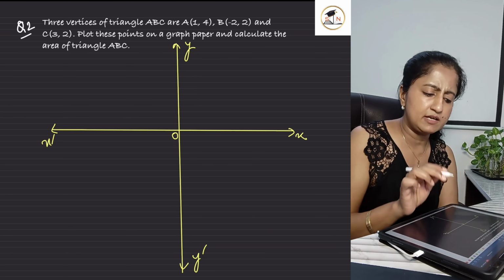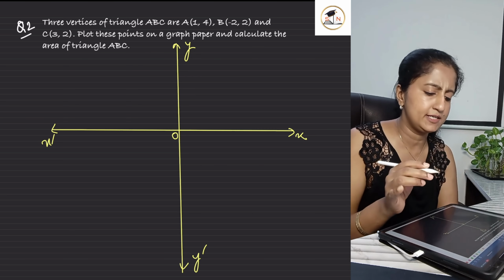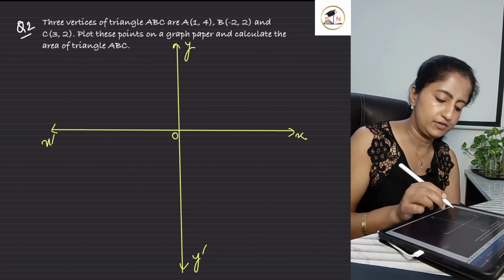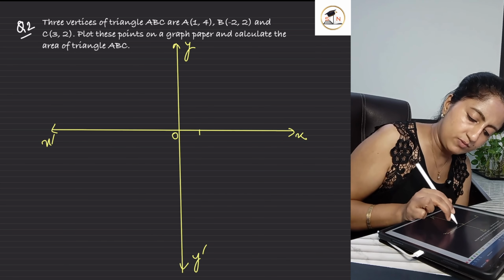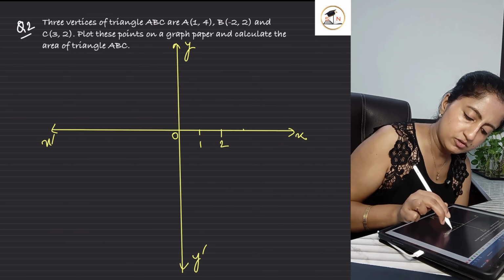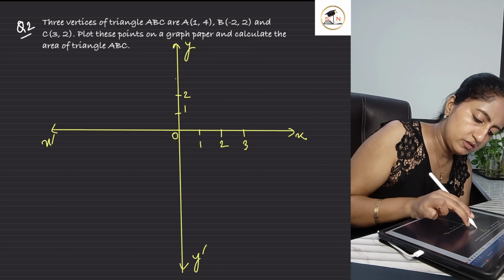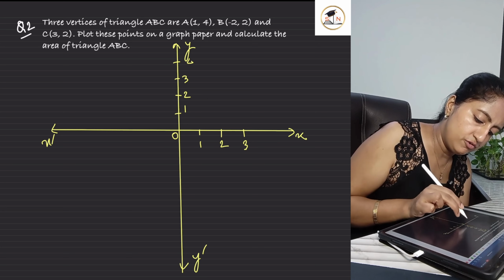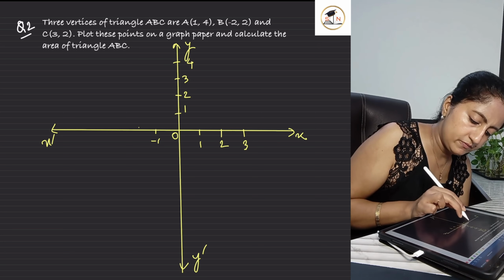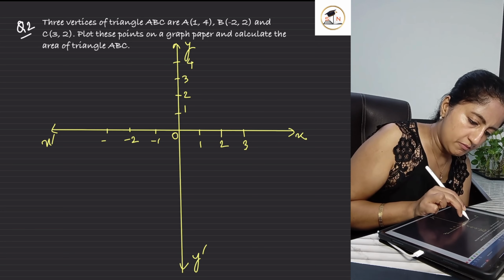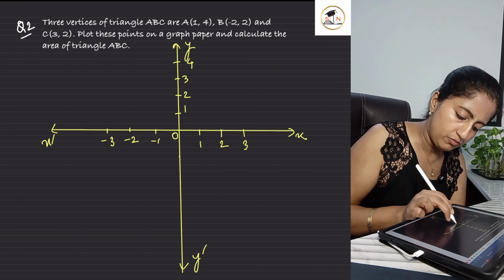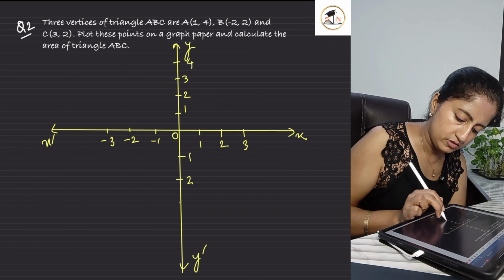Now, the points are 1, 4, minus 2, 2, and 3, 2, right? So it is 1, 2, 3, 1, 2, 3, 4, minus 1, minus 2, minus 3, 1, 2, 3.